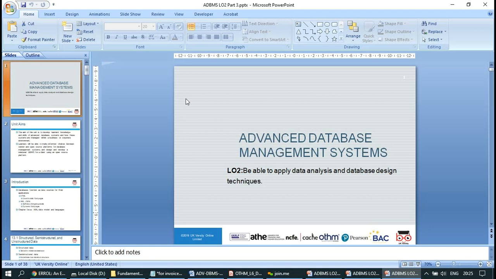XML is similar to HTML. The only difference is that the interpreter or the compiler of HTML is the web browser. So who reads the HTML?